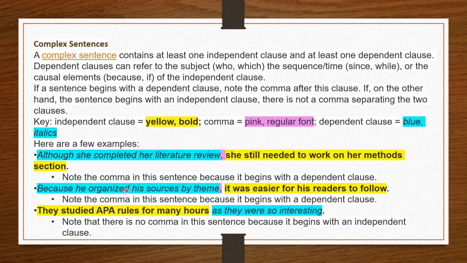This is a dependent clause and this is an independent clause, so there is a comma in this sentence because it begins with a dependent clause. They studied APA rules for many hours as they were so interesting. There is no comma here in the sentence because it begins with an independent clause.